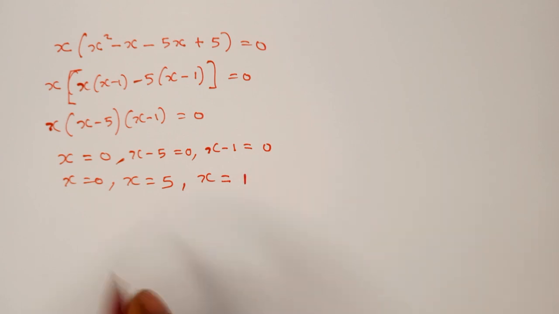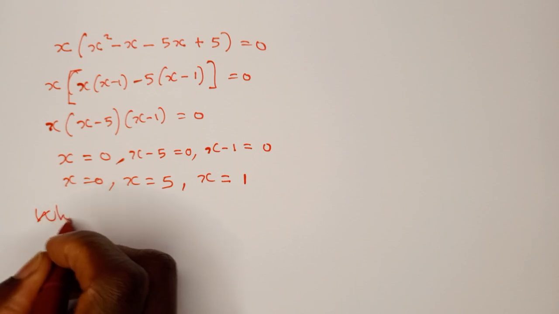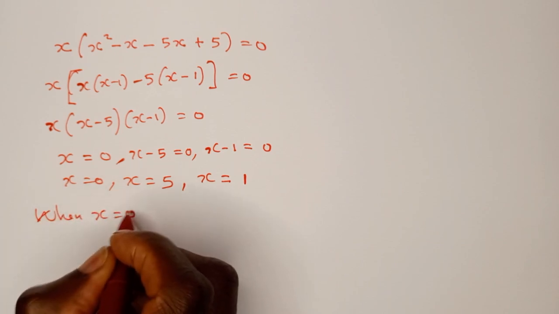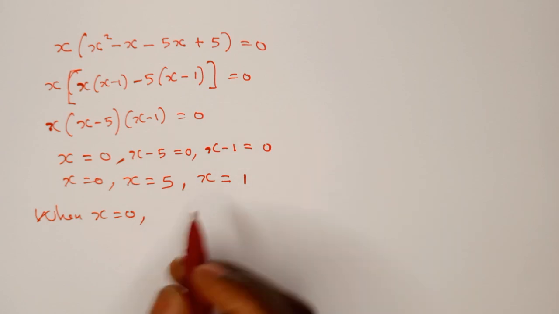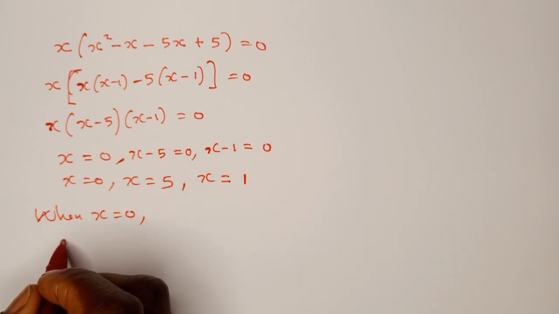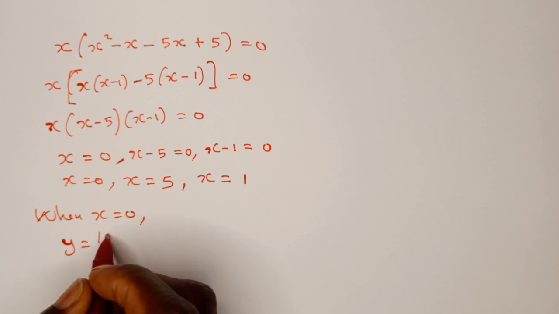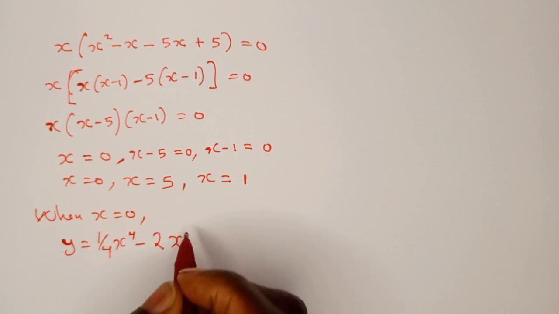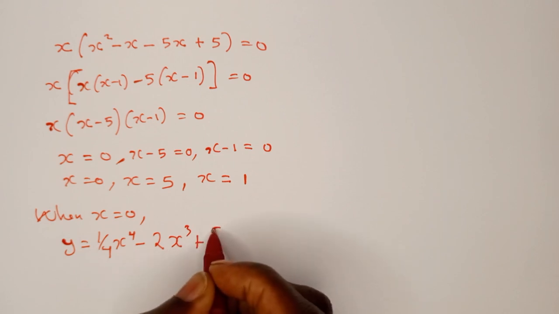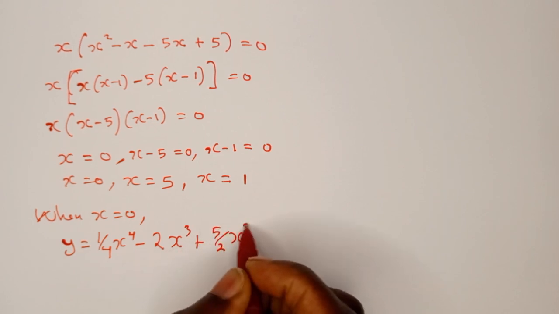So when x is equals to 0, it means we substitute back in the original function. Our function was y is equals to 1 over 4 x raised to 4 minus 2 x raised to 3 plus 5 over 2 x squared.